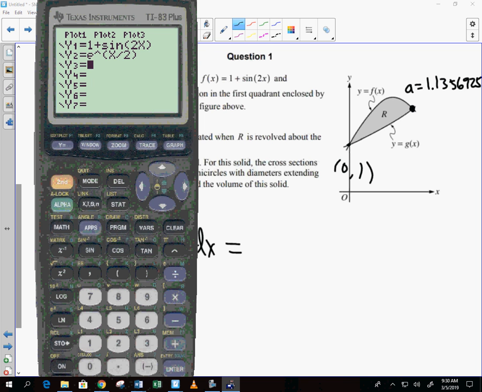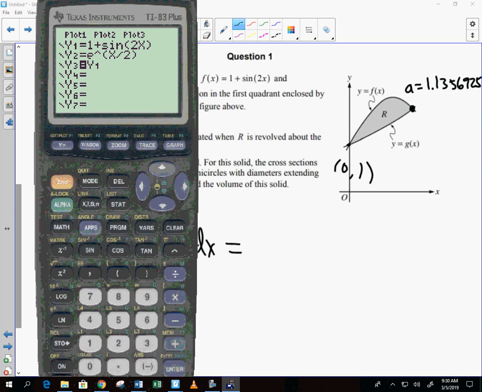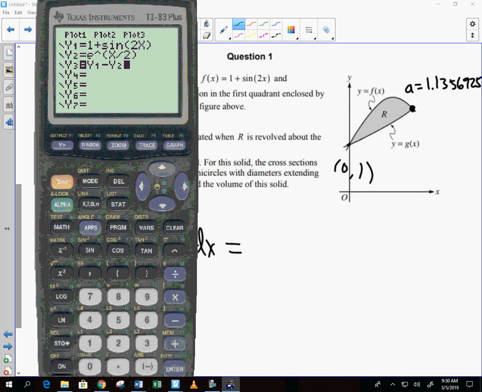You guys good with that? If you want to write in everything, that's fine. But I just notice I make fewer mistakes this way. I go into vars, y vars, I grab y1. Minus vars, y vars, grab y2. That's the only one I'm looking at now, isn't it?